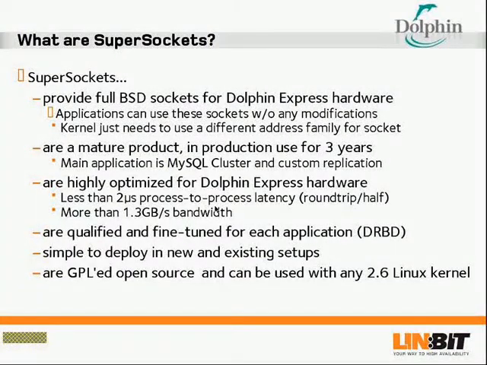So DRBD uses BSD sockets in the kernel. iSCSI, for example, uses these sockets for communication in user space, and SuperSockets replace standard Ethernet sockets with our own very high performance implementation of these sockets.